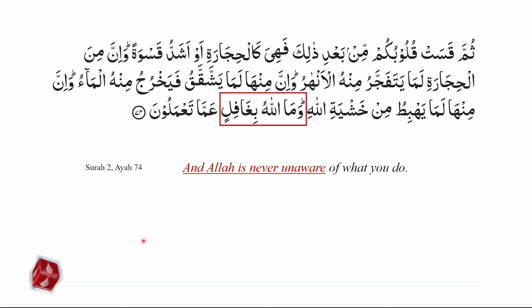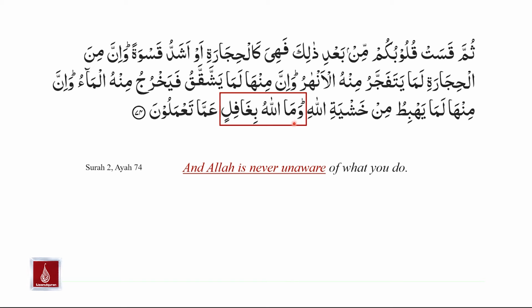Our next example is from Surah number 2, ayah number 74. Towards the end of the ayah, we see وَمَا اللَّهُ بِغَافِلٍ. This section can be translated as, and Allah is never unaware of what you do.